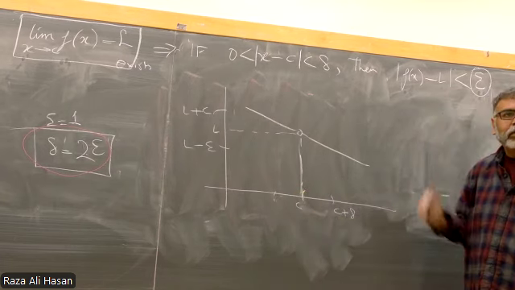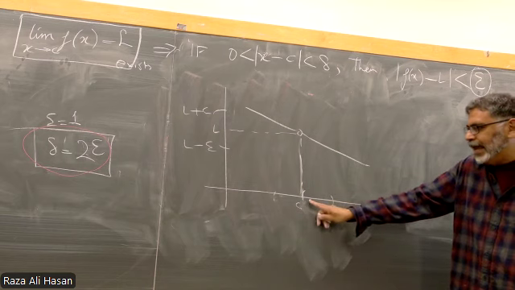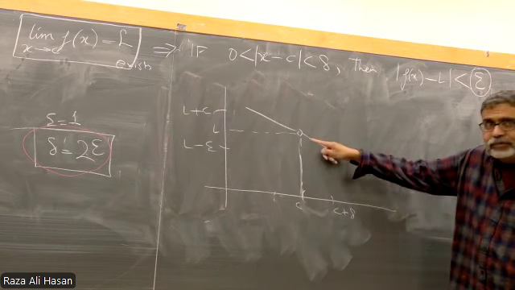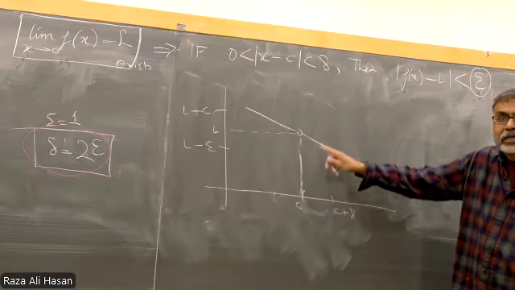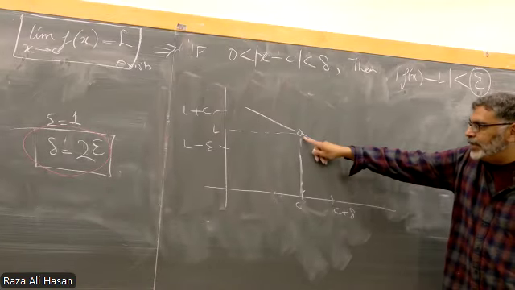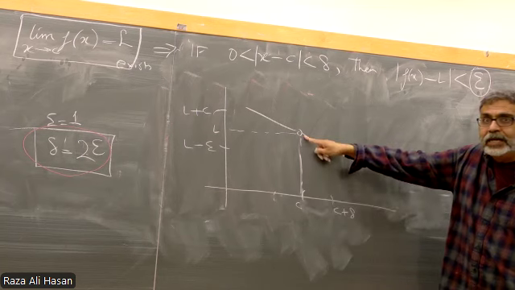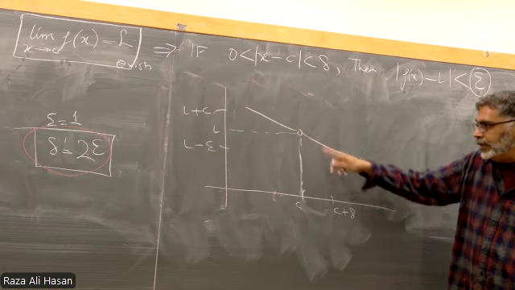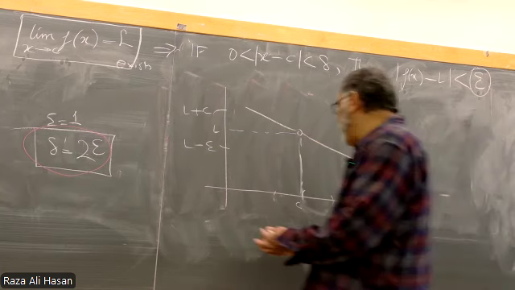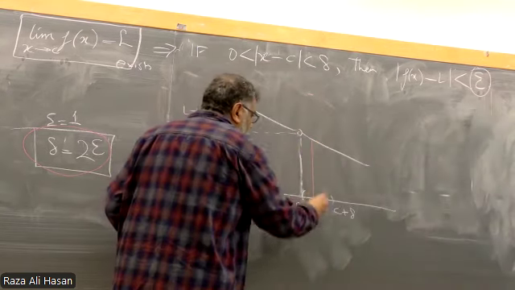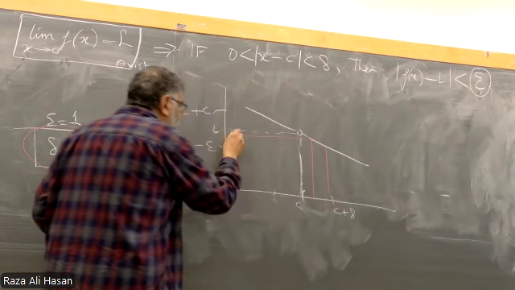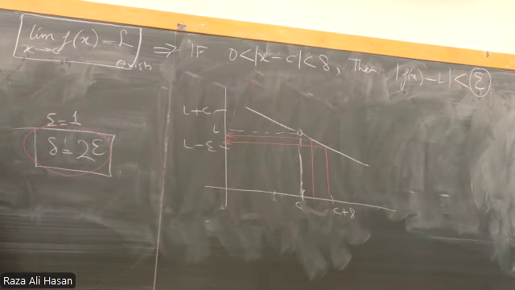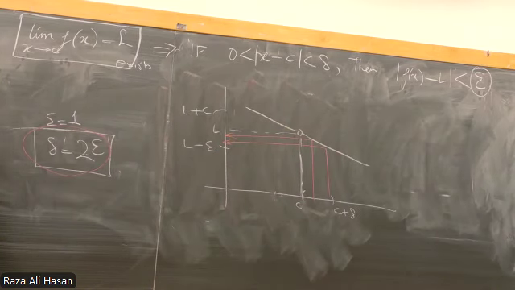And now we are only concerned about the x's to the right of the center point. Does the graph from the right, all the x's nearby C from the right, end up getting into epsilon distance of L? And the answer is yes.